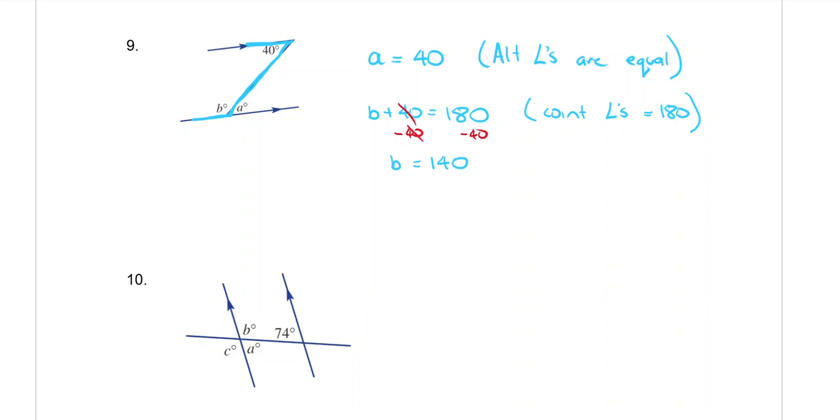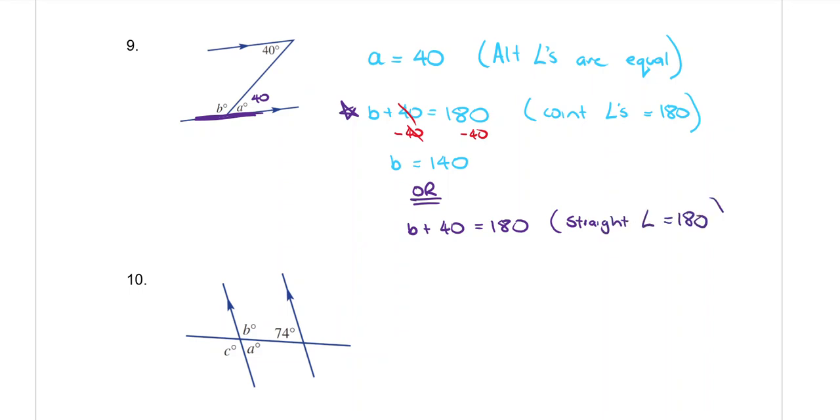The other option, if you wanted another option, you don't have to do it 2 ways, but you could have drawn a straight line between the A and the B, which means if we know that the A is 40, we could have said B plus 40 equals 180, which is what we had up here, but the reason would be because of the straight angle.